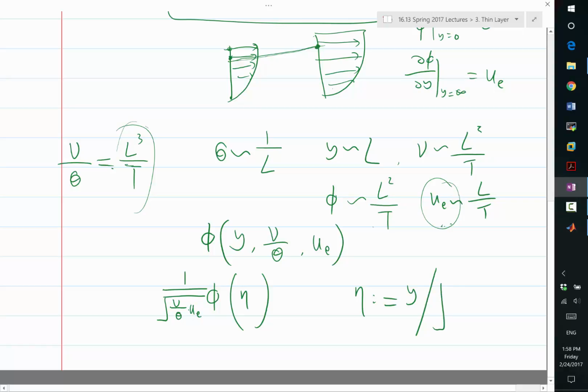Taking square root, we get L. So nu over theta UE, right? So now, here we have all the appropriate non-dimensionalizing coefficients to get the Blasius equation.